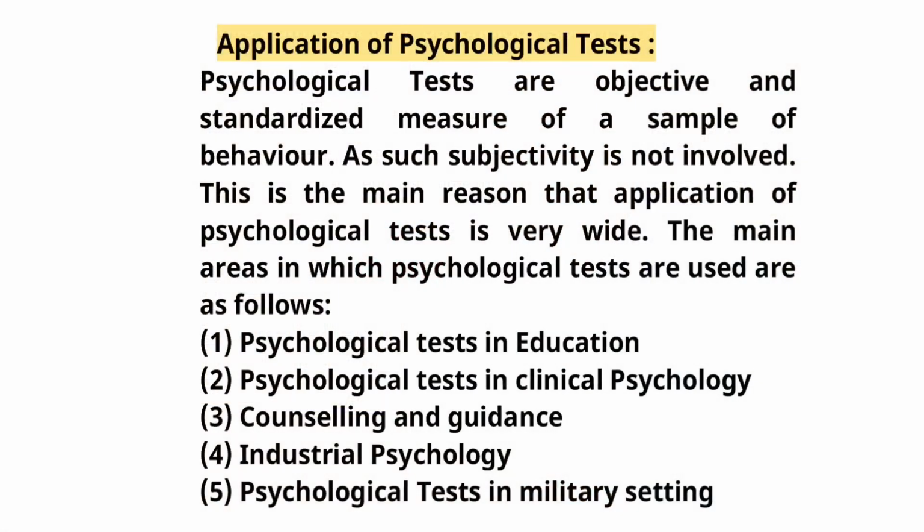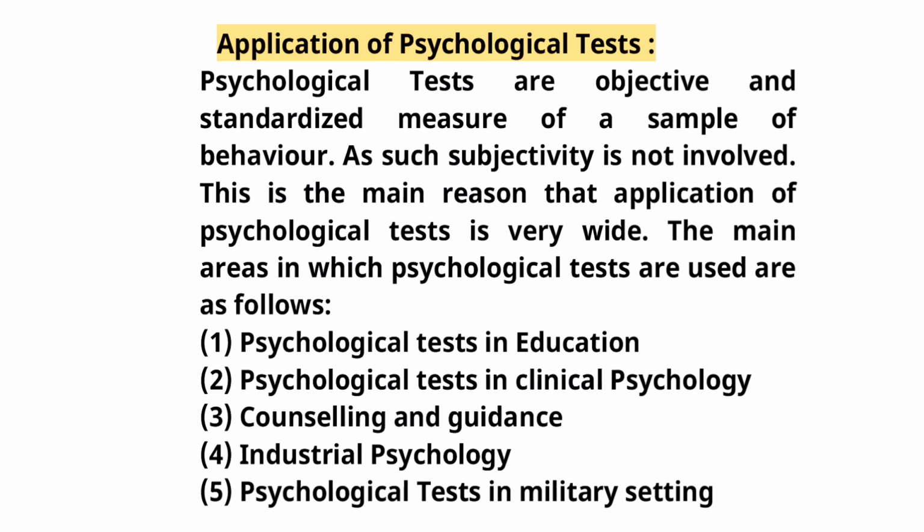Now we are coming to what the applications, the uses, of psychological testing are. Why do we prefer psychological tests? Psychological tests are an objective and standardized measure of a sample of behavior. As such, subjectivity is not involved.